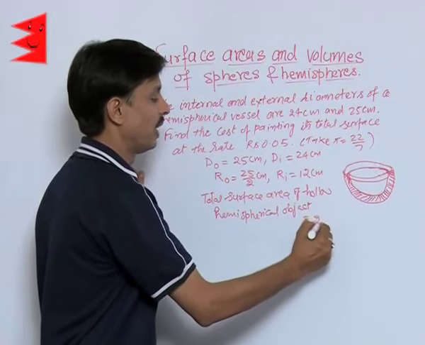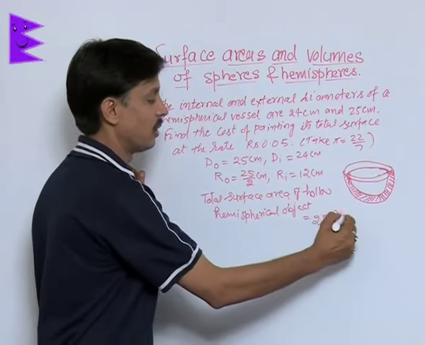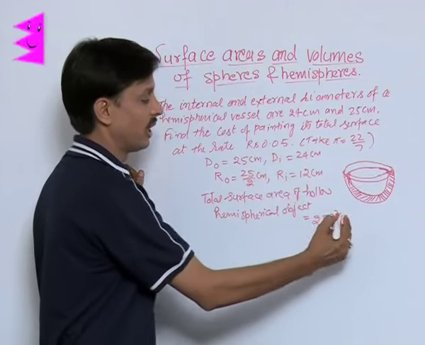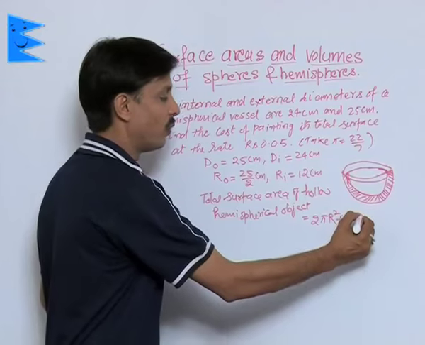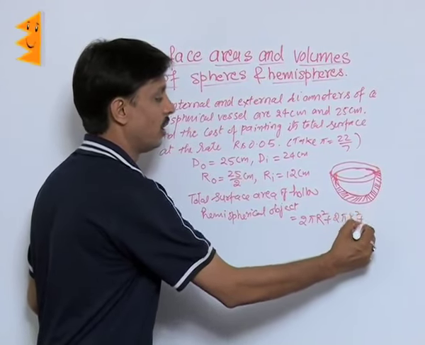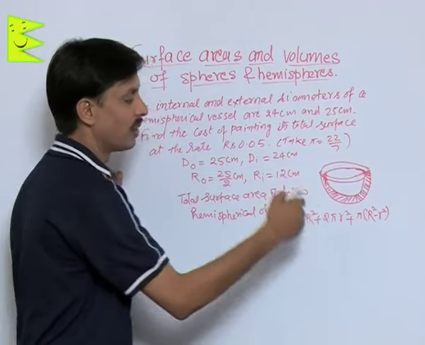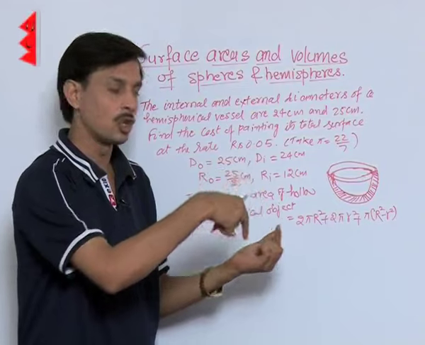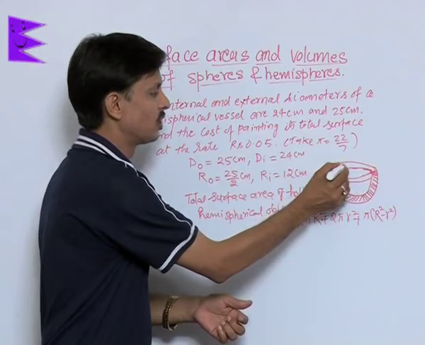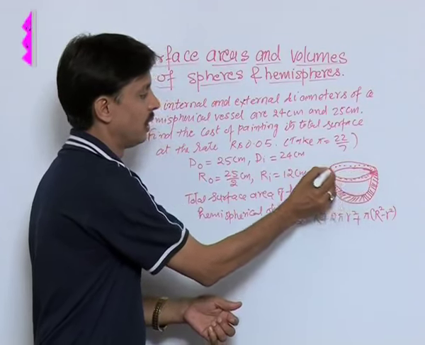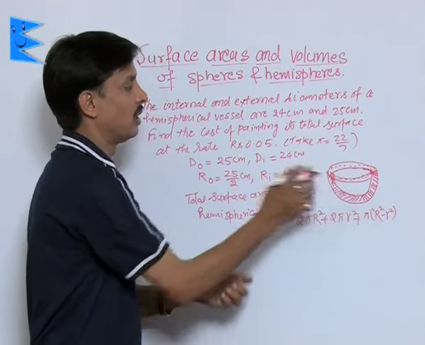It is given by 2 pi capital R square, that is the external radius, the external curved surface area, plus 2 pi, that is what? The internal one, we call it small r square, plus pi capital R square minus small r square. This is the area of the ring or edges of that thickness. I can show you like this here. This shaded dotted part is the area, this one, and internal is this one, external is this one.